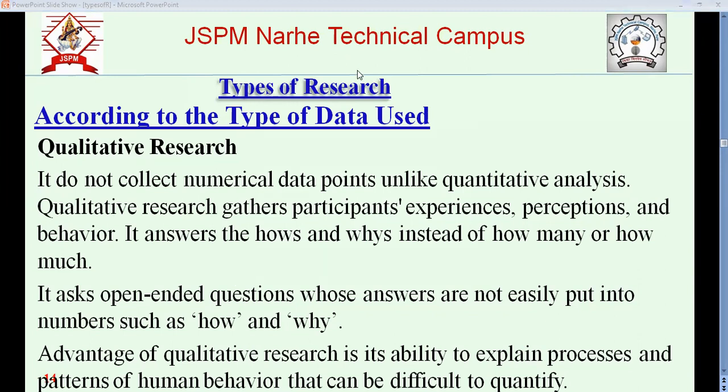Now, it asks why and how. So the answer of how and why cannot be a number. So the advantage of qualitative research is the ability to explain the processes and patterns of human behavior.